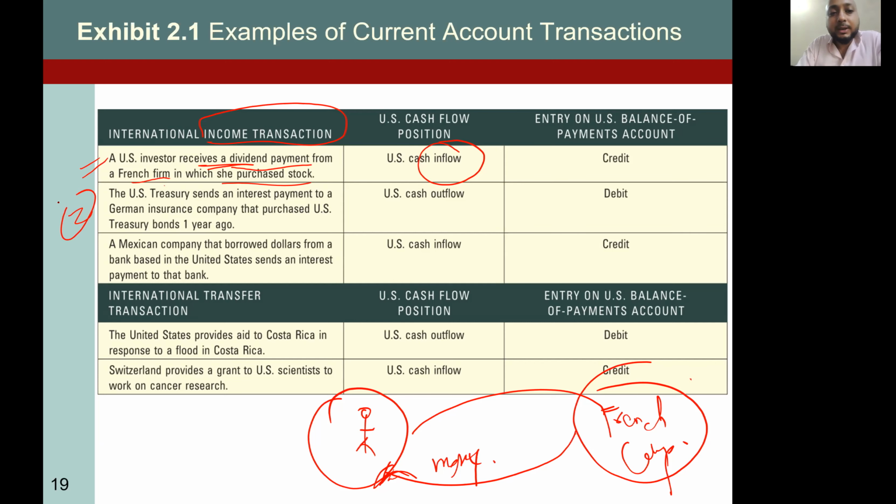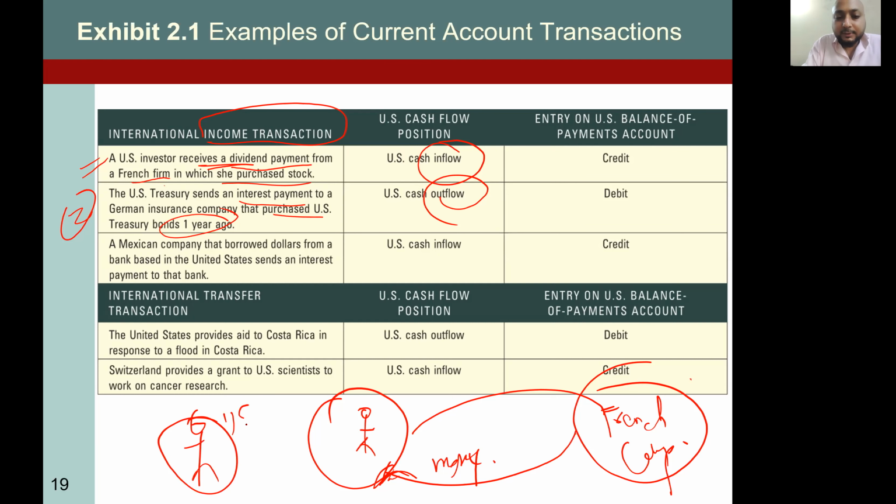Number two, the US Treasury sends an interest payment to a German insurance company that purchased a US Treasury bond for 1 year. Similarly, the US government is paying interest, outflow. Cash is going out from the country. So whenever you read the questions, mark yourself where you are.